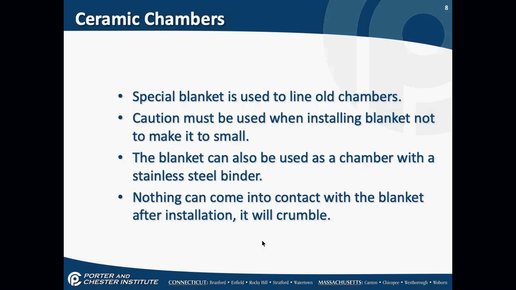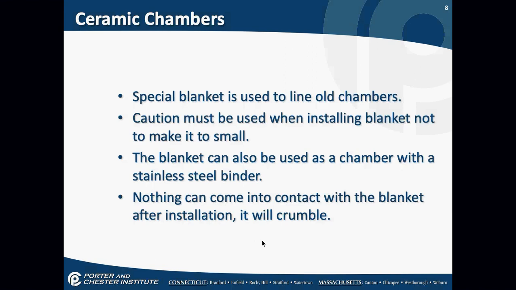In ceramic chambers, there's a special blanket that you can buy at the supply shop that you use to line old chambers. When you install a blanket to fix a ceramic chamber, caution has to be used to not make it too small. The blanket can also be used as a chamber.